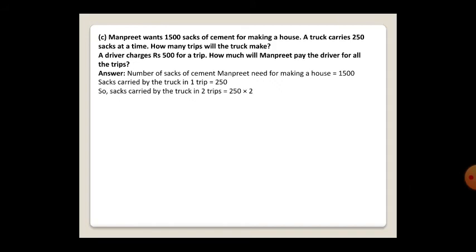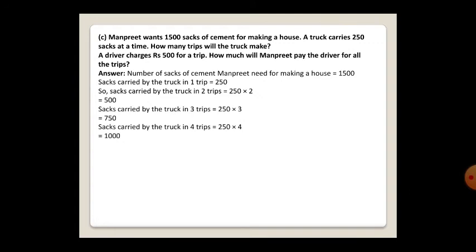So sacks carried by the truck in two trips is 250 multiplied by 2, that is 500. In three trips, 250 into 3 is 750. In 4 trips, 250 into 4 is 1000. You keep multiplying until you get 1500. In 5 trips, 250 into 5 is 1250.